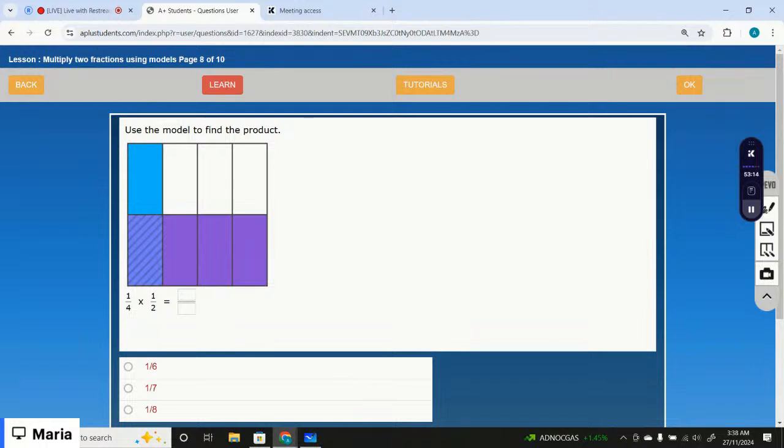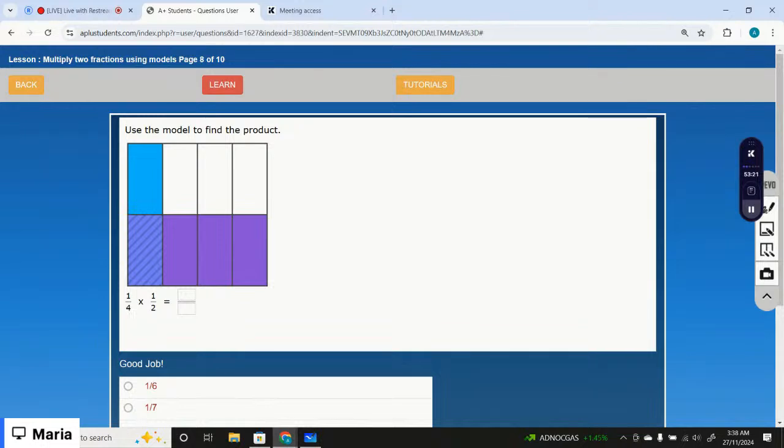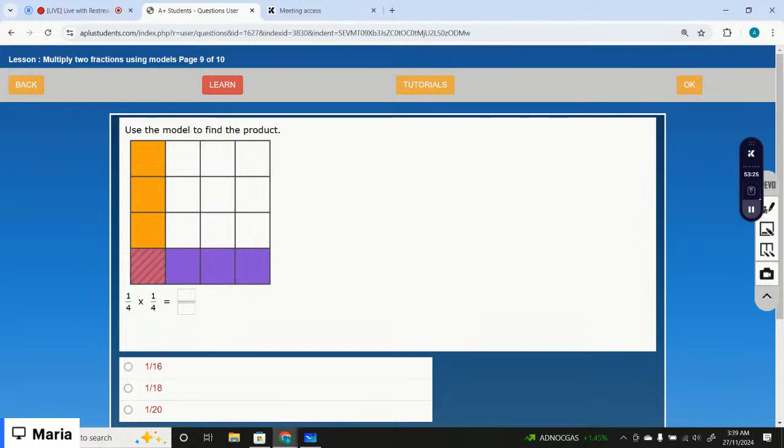1 by 4 times 1 by 2. The correct option is 1 over 8. Option number 3 is the correct option. 1 by 4 times 1 by 4, which is the correct option?